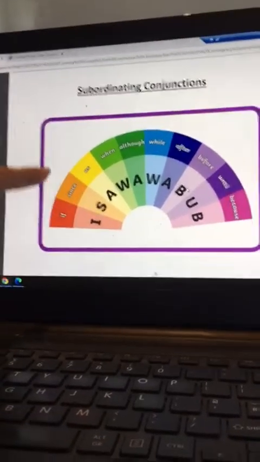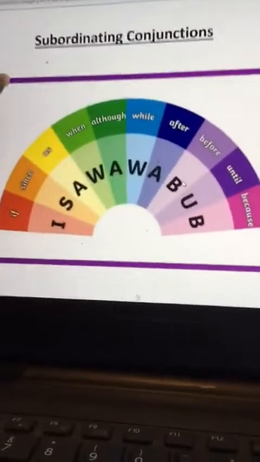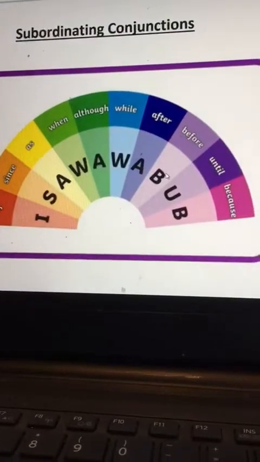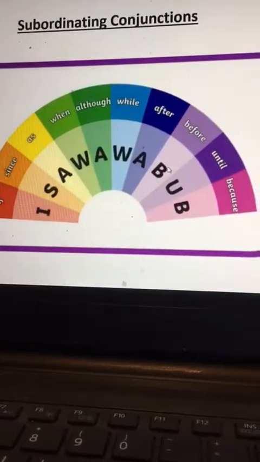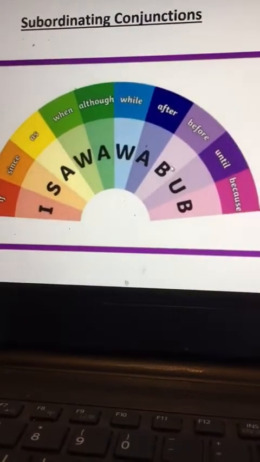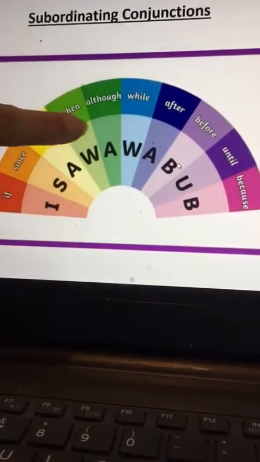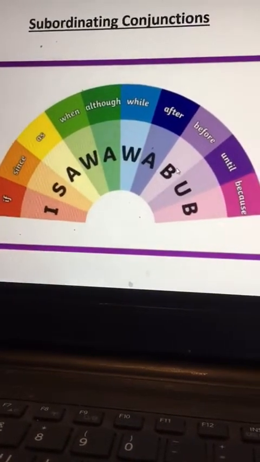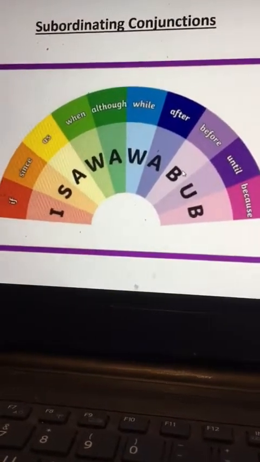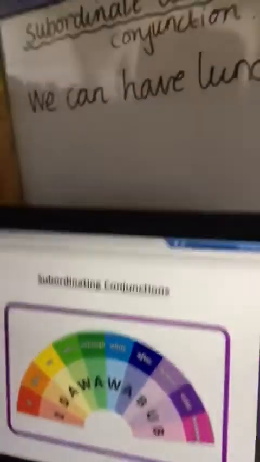Conjunctions like if, since, as, when, although, while, after, before, until, and because. So don't be put off if you see that word, I saw a wabab. It's just reminding you of some of the words you might use if you are creating a subordinate clause.